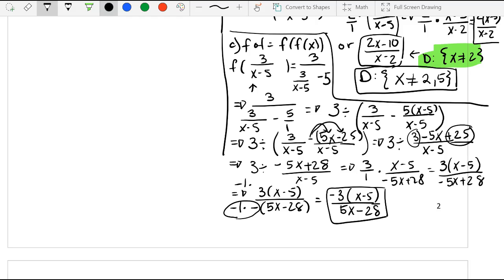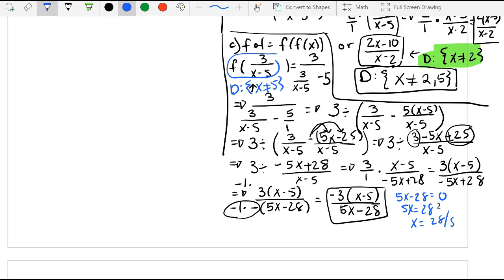Now, did I get too excited and forget to state the domain at the beginning? Let's go back and state the domain. Here's your initial. So this domain is going to be all real numbers, not including 5. This end domain is going to be 5x minus 28 equals 0. 5x equals 28, divide both sides by 5.